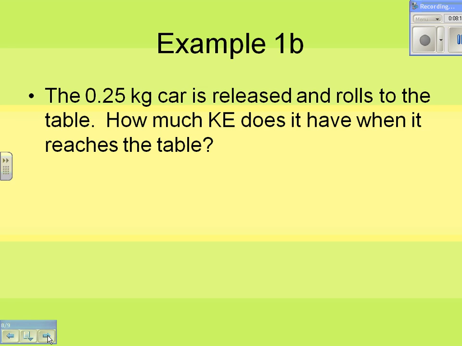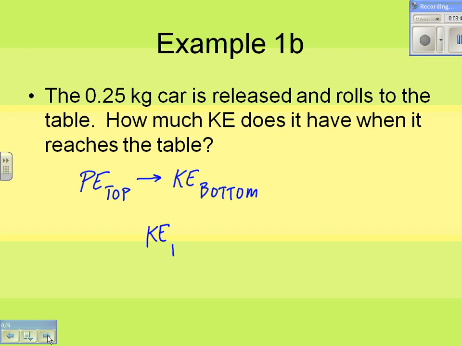So as it goes down, the height is lower and lower, so it's losing potential energy, but it'll gain the same amount of energy as kinetic. It's just transferring. Down at the bottom, all of that potential energy is gone, meaning that whatever it had at the top as potential energy is now completely converted to kinetic energy at the bottom.